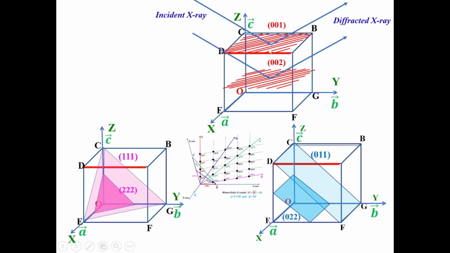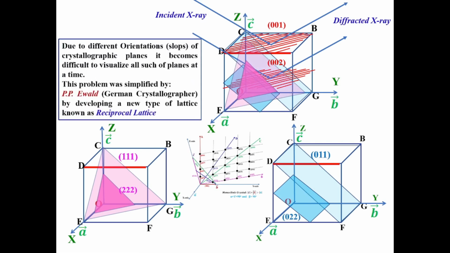We discussed these things in our Bragg's law class. The intensity will be maximum and the planes will be identified, right? Here in this unit cell, not only the 001 and 002 planes are possible, but also these two planes are possible, and many planes can be constructed.